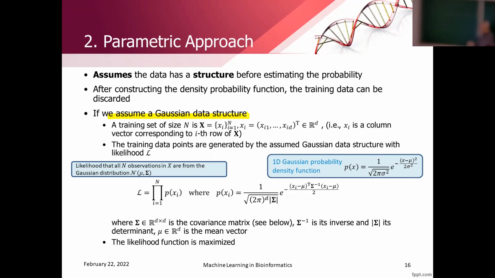So if we have the observations, so our matrix capital X, and we would like to describe the variables using normal distribution. But we have D attributes. So we need a D-dimensional normal distribution.